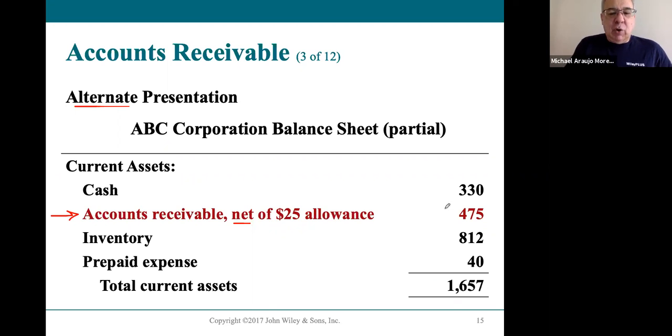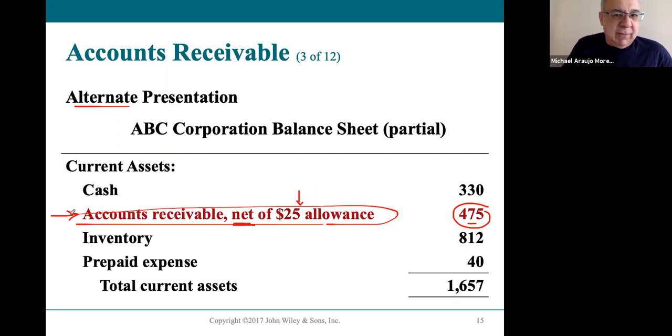Okay, so basically the 475 they list here is the net amount, in other words, already taken into consideration this $25 allowance. This is very commonly what you'll see on a balance sheet of a Fortune 500 or any corporation. If you just look, that's what you're going to see. Accounts receivable net of allowance. Okay.